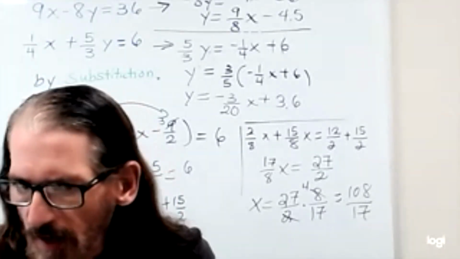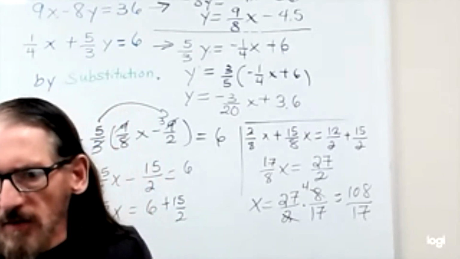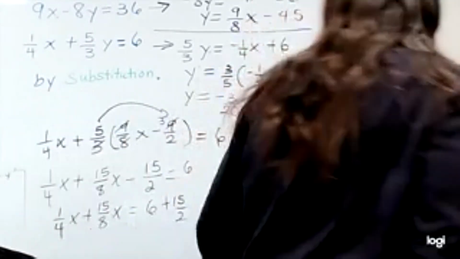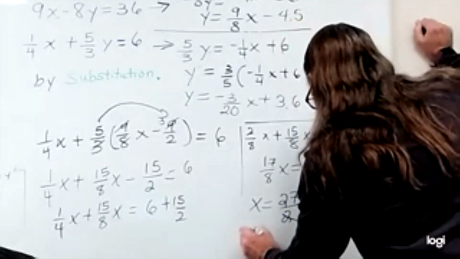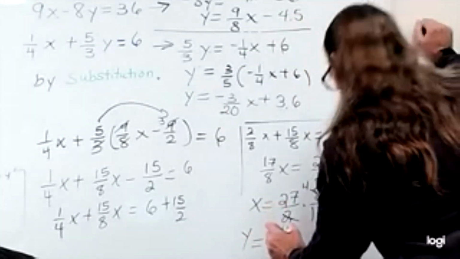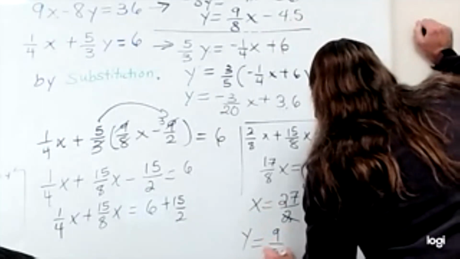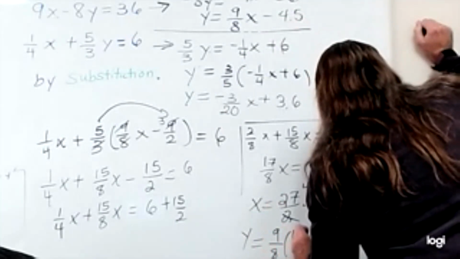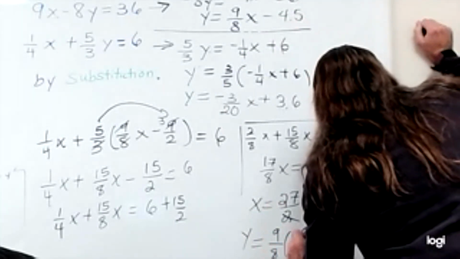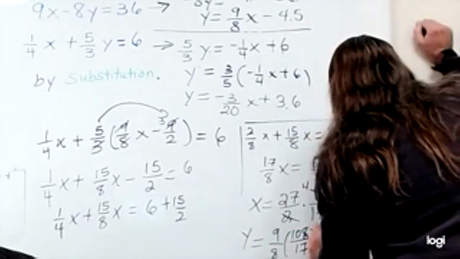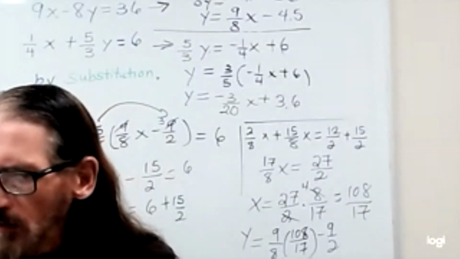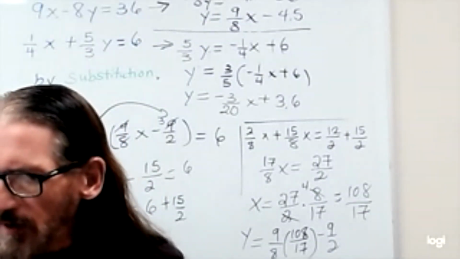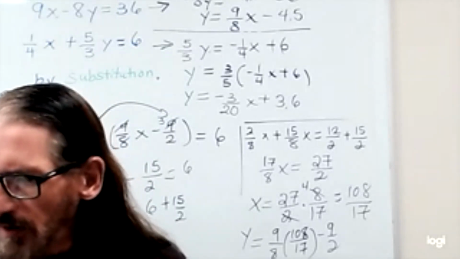Yep, that's what we had for x, 108 over 17. So if I plug that back in here, let's put that into the calculator. 9/8 times 108/17 minus 9/2.